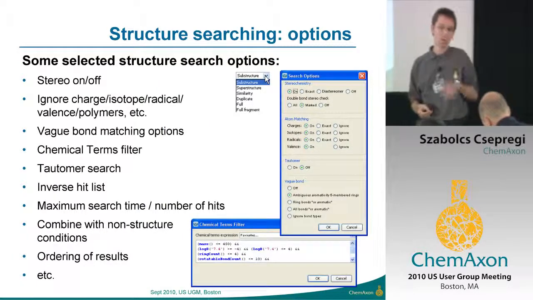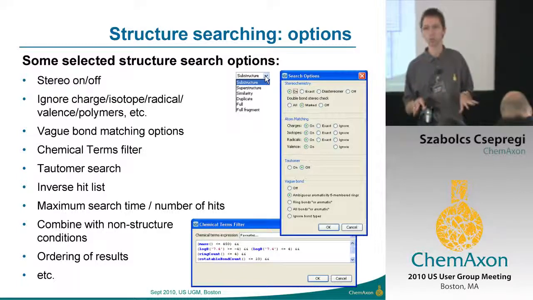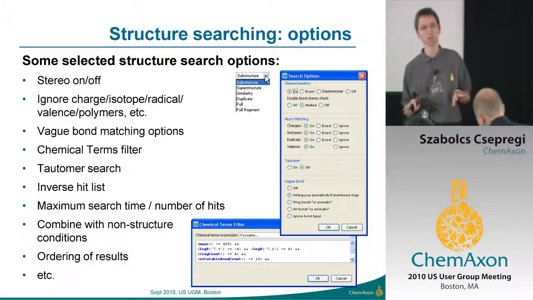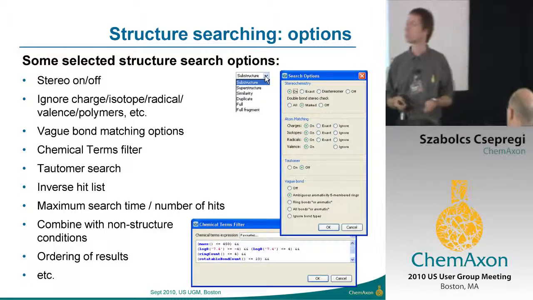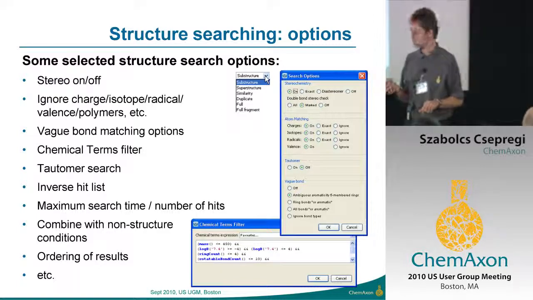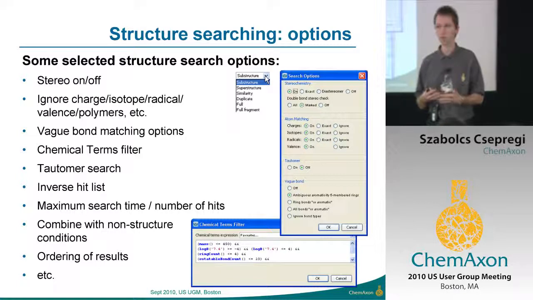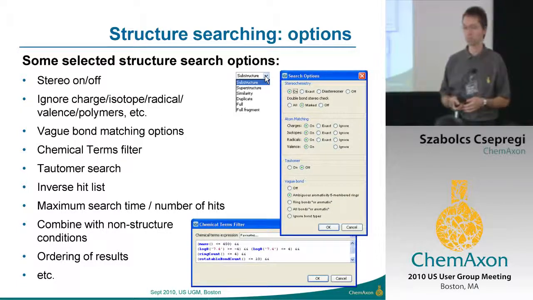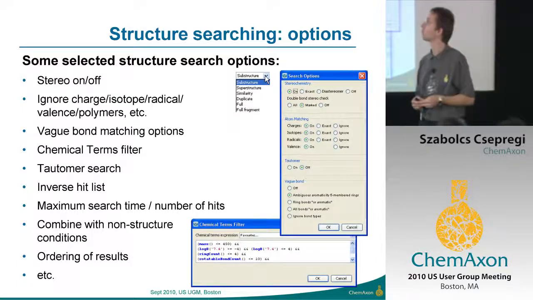Okay. In the structure search engine, there are not only all the query features, but the searches can also be customized using different search options. So there are lots of switches that can change the search behavior. I just handpicked a few of them, probably the most important ones.